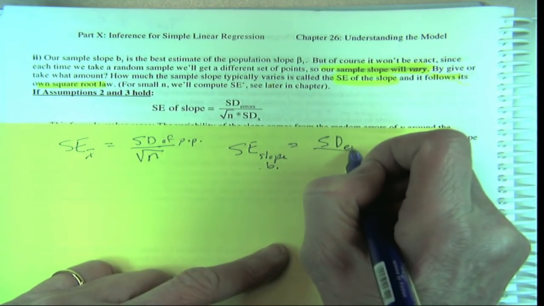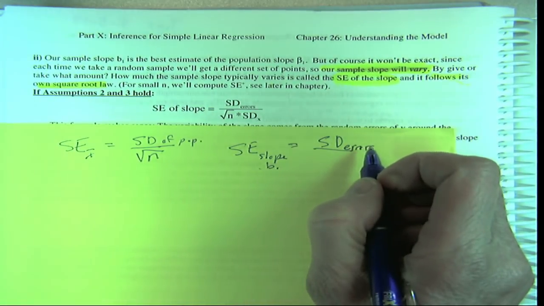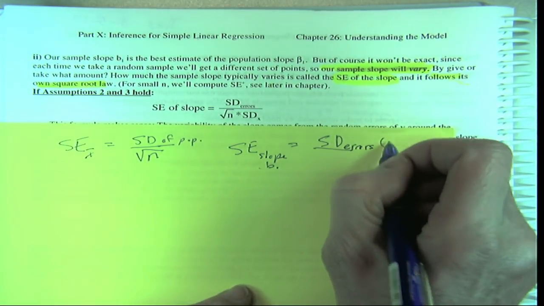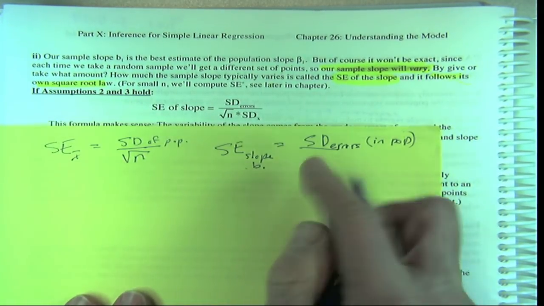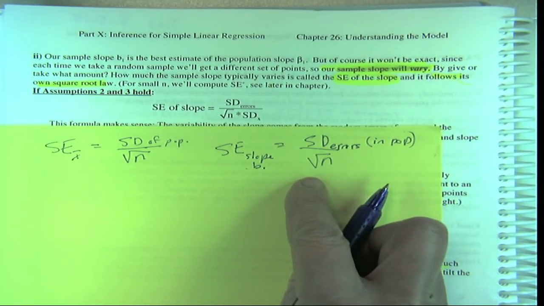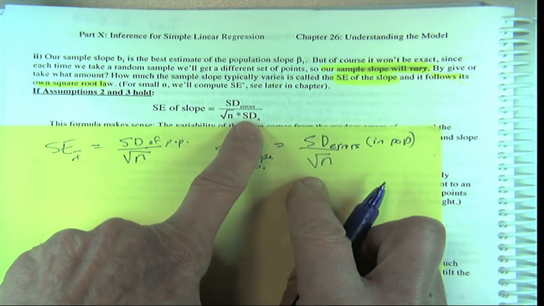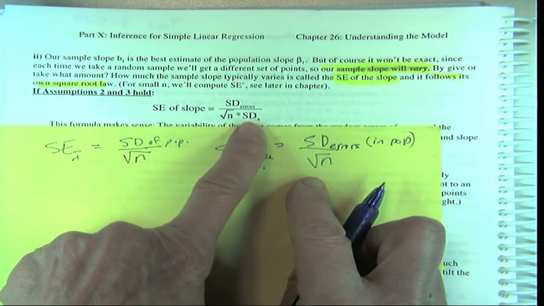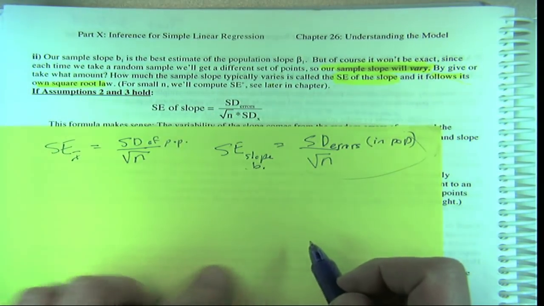That's called the standard deviation of the residuals, or the errors around our regression line. That's in the population. It should be sigma, but that's okay. Over the square root of n. That's what you'd think it would be. But we also have that little standard deviation of x there, and I'll explain that in a minute. But let's just look at this part of it.